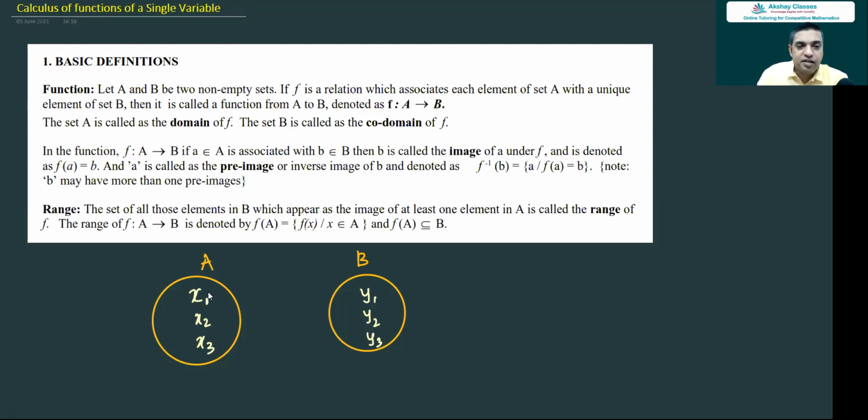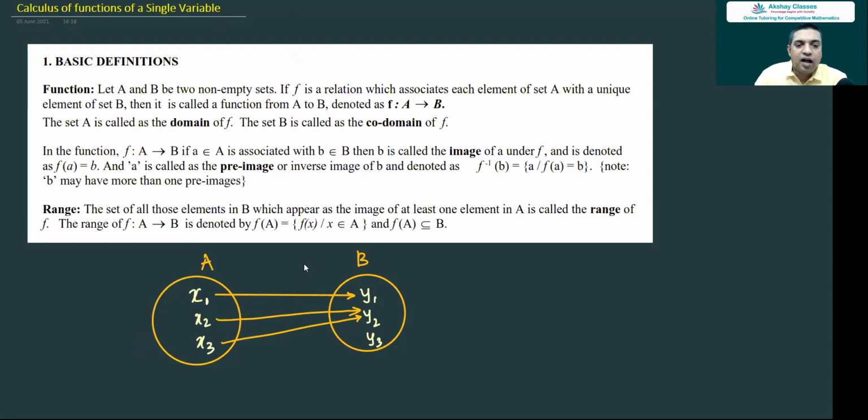It's a relation. There are so many types of relations you can make. We'll not go into details. We are just focusing only on what is a function. One such relation is a function when every element of A is involved in the mapping, like x1 is mapped to y1, x2 is mapped to y2, and x3 is mapped to y2, let us say.